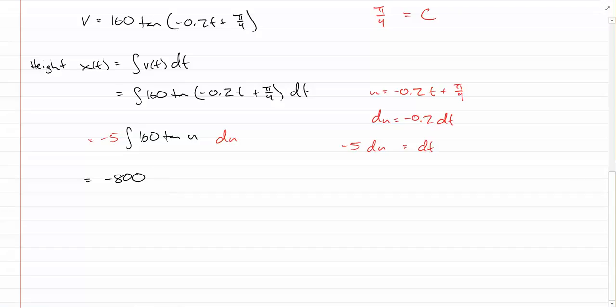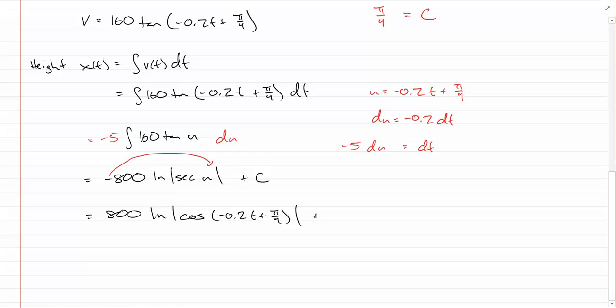If you look it up, it's the natural log of secant u plus a constant. I'm going to simplify things a little bit here. That negative, I'm going to put it up into the exponent using properties of logs. So this is the same thing as 800 natural log of secant to the negative 1 power. That's the same thing as cosine of u, which I'll plug in for u, plus c. That's x of t.